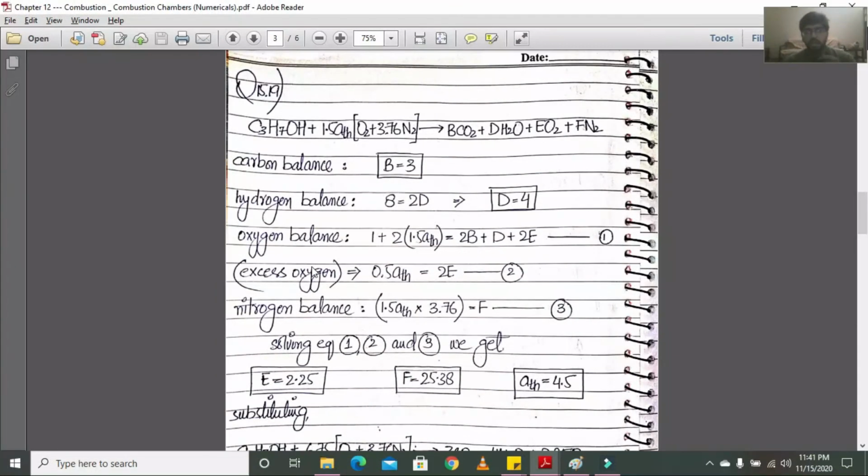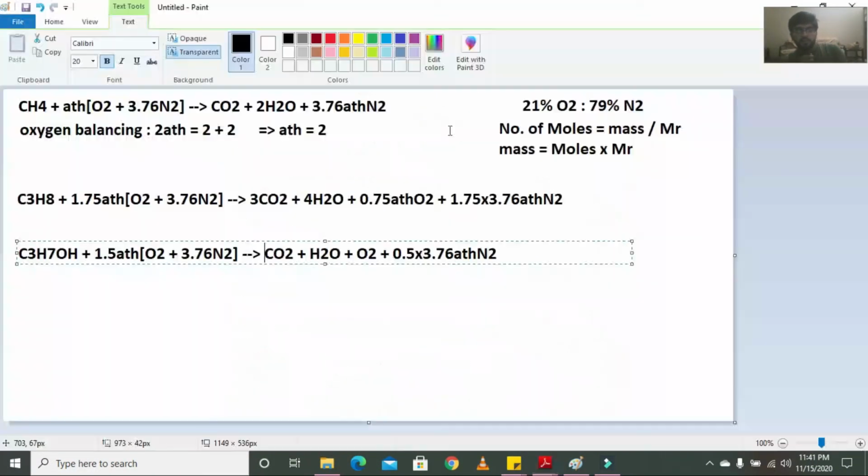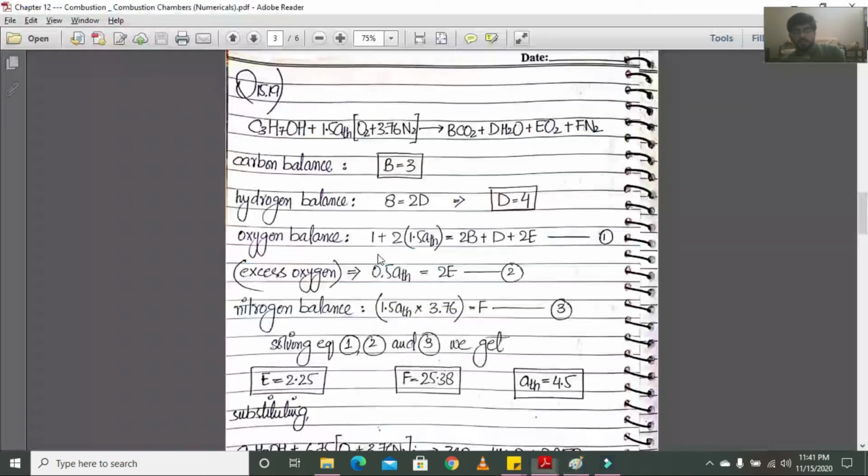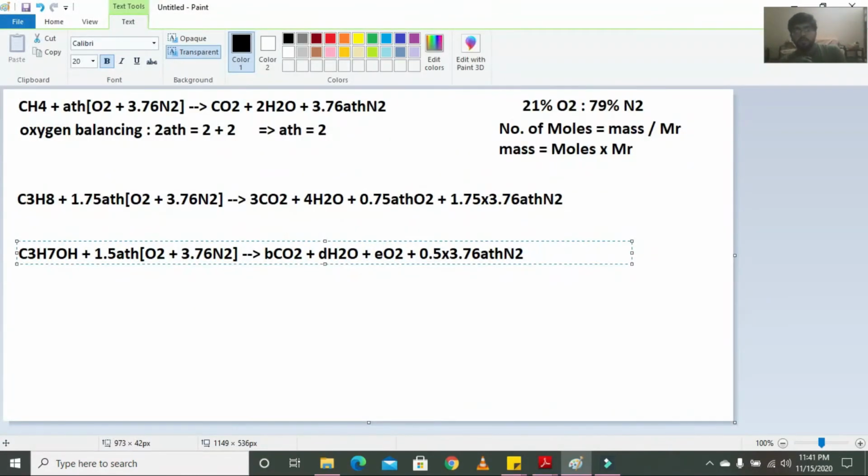Here I have mentioned B with carbon dioxide, D with H2O, and E with O2. And in nitrogen as well I have written F, but you can write 0.5 into this as well.